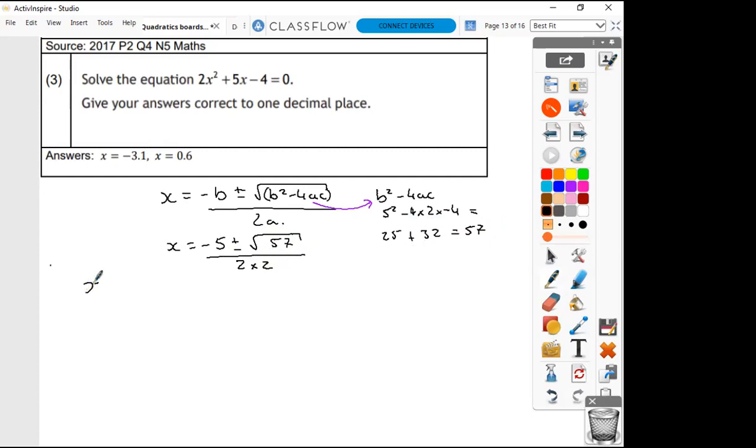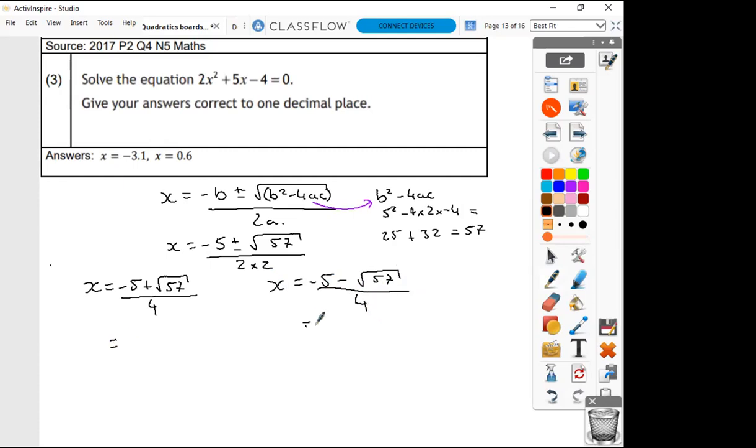Our two equations: x equals negative 5 plus root 57 over 4, and x equals negative 5 minus root 57 all over 4.